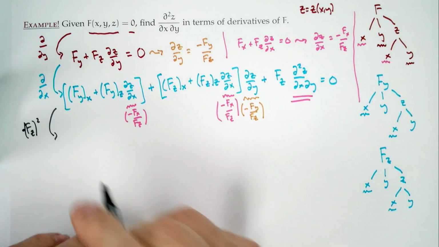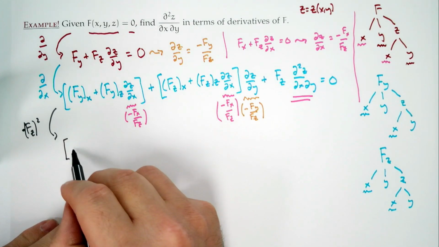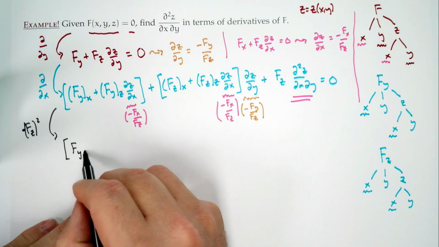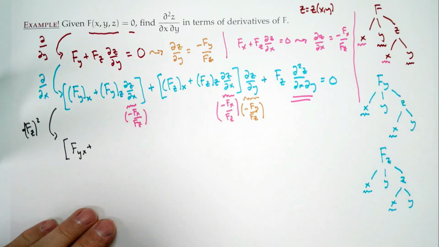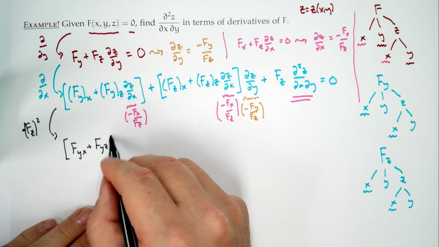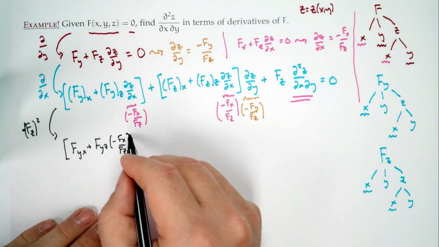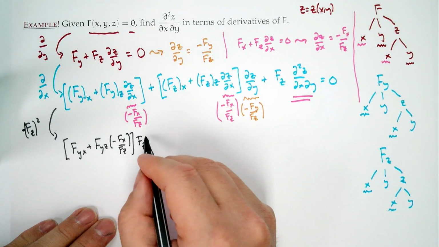What do we get? Well, okay, let's work it through. So from the first term, we're going to get f y x plus f y z times minus f x over f z times f z squared.